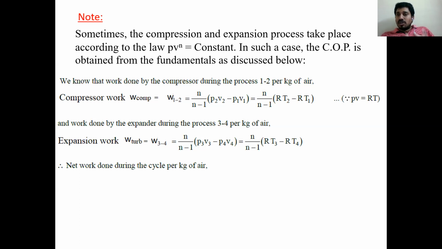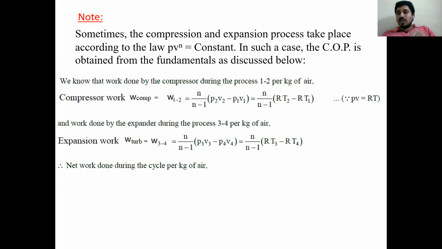All of you see, the equation of compression work I am going to take in terms of per kg, so I have taken specific volume. PV is equal to RT from the characteristic gas equation when V is specific volume. If I take the normal volume, PV is equal to mRT.